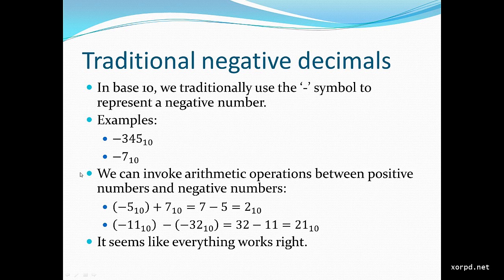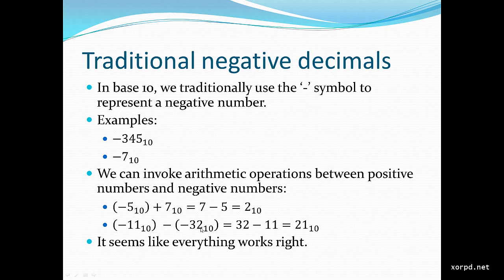We can invoke arithmetic operations between positive numbers and negative numbers. For example, we can try to solve this one. Minus 5 plus 7, all in base 10, equals actually 7 minus 5, which equals 2. Another example would be minus 11 minus 32.